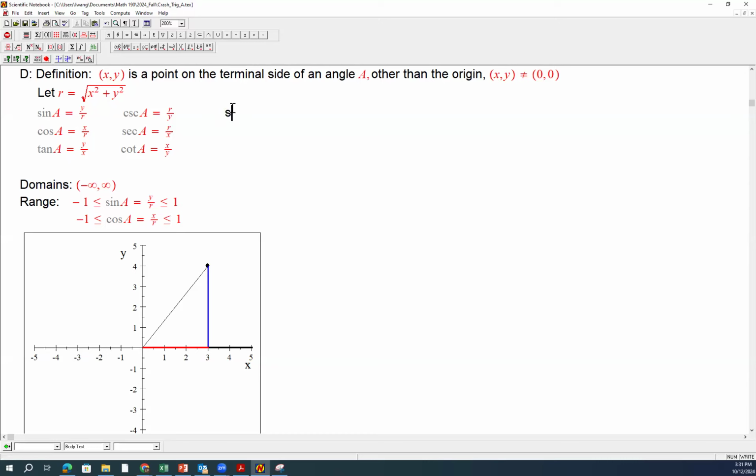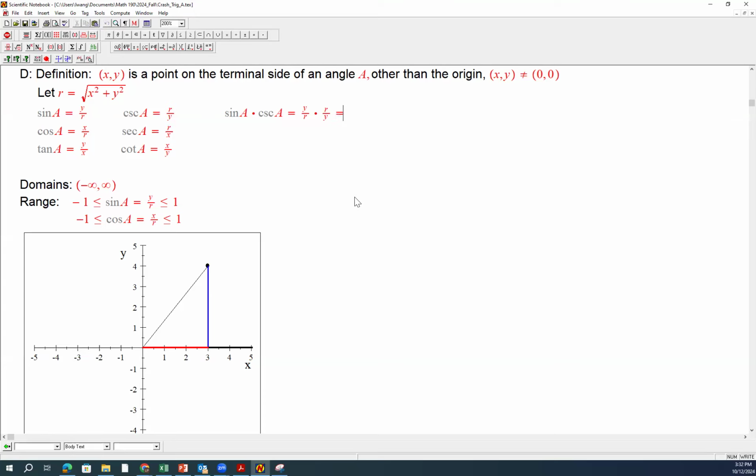So sine of A multiplied by cosecant of A equals y over r multiplied by r over y.